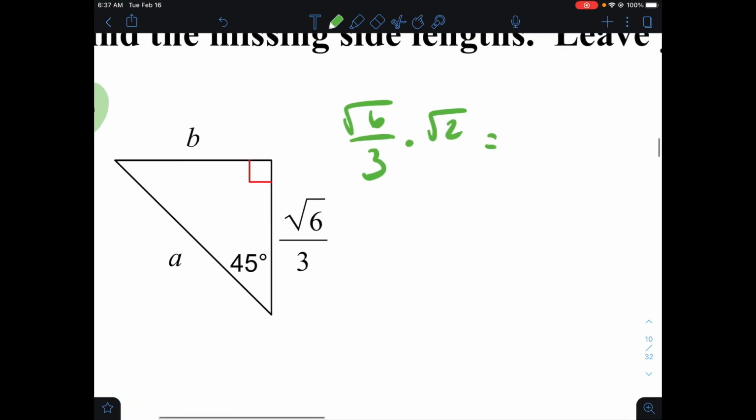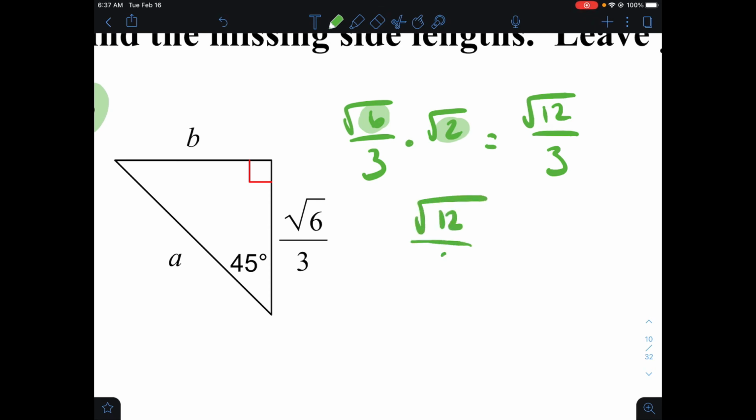And we have to find that for the hypotenuse, right? So we'd get root 12 over 3. If you forgot how radicals work, when you multiply radicals, you multiply what's on the inside. So I would do 6 times 2. And then we have to simplify that radical. So we know that root 12 can be simplified into 4 times 3 over 3.